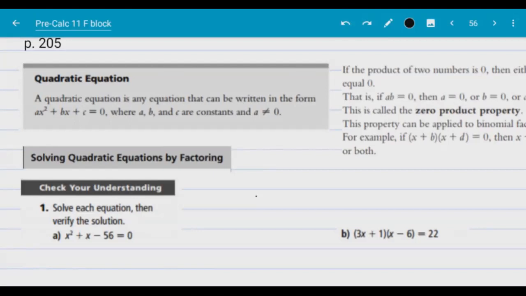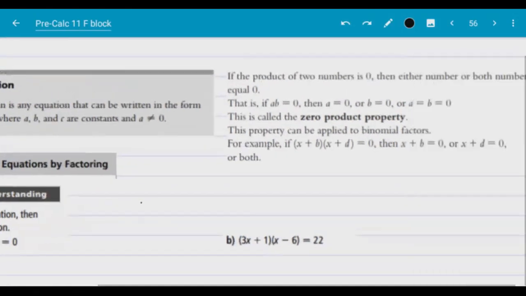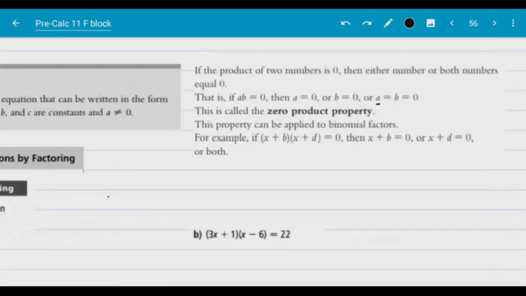That's the sort of difference. Okay, look at this. This zero product property allows you to solve a quadratic equation by making a quadratic expression equal to 0 and then factoring, and then each one of the factors will be made equal to 0.